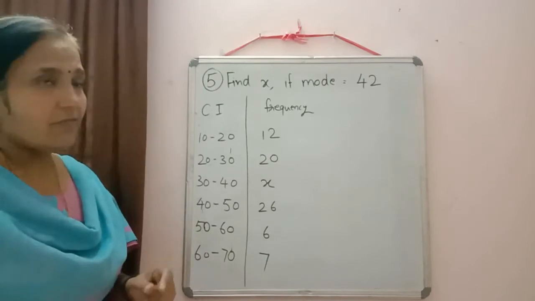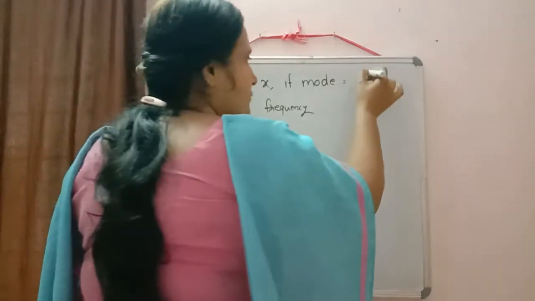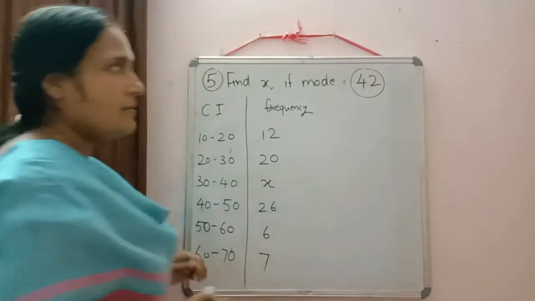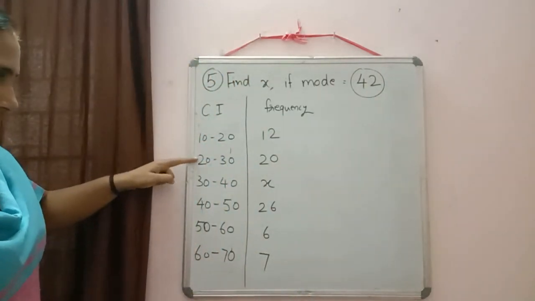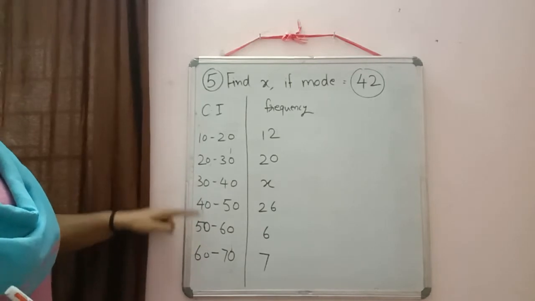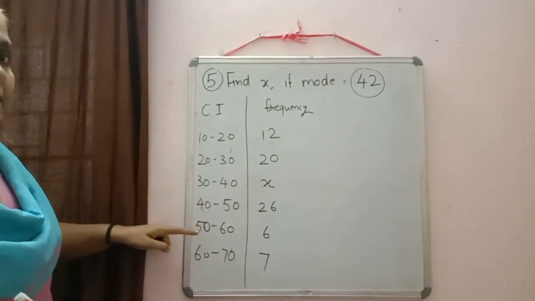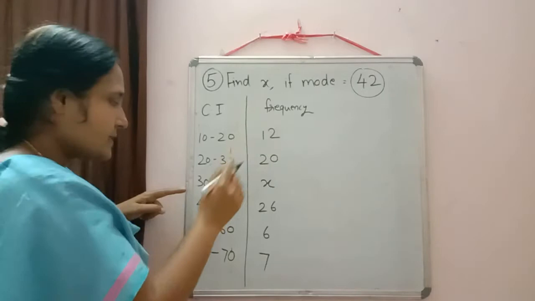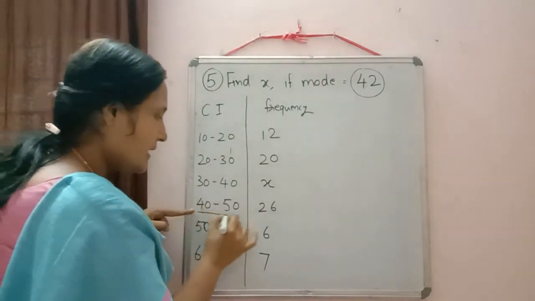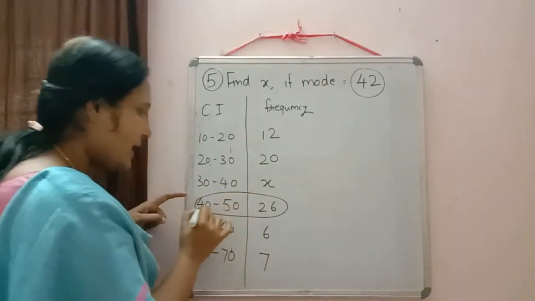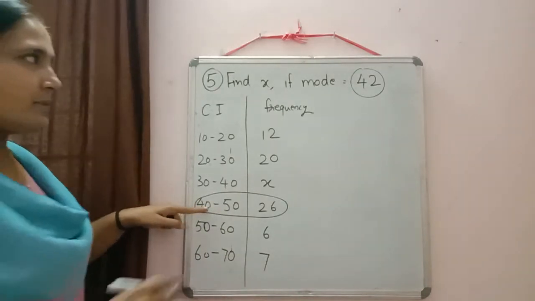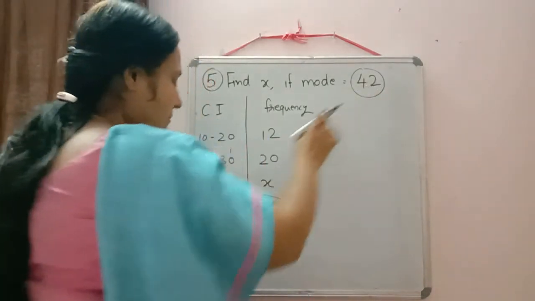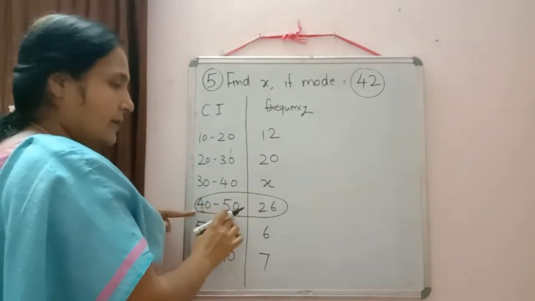So for that, what do we have to check? We have to check this number. What is given? Mode 42. Now in this class interval, 42 will come between which numbers? Yes, 42 is coming between 40 and 50. Just write down why we are selecting this one as our modal class, because 42 comes between 40 and 50.